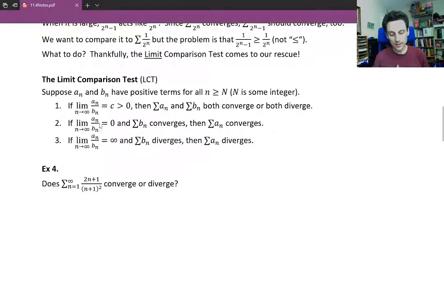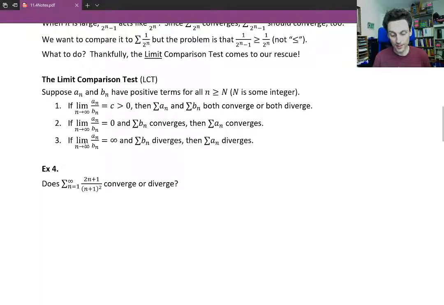So in comparing them, we're comparing them by using this ratio, instead of an inequality. So if we get 0 for this limit, that means the top numbers are going to be smaller than the bottom numbers eventually. A lot smaller than the bottom numbers.